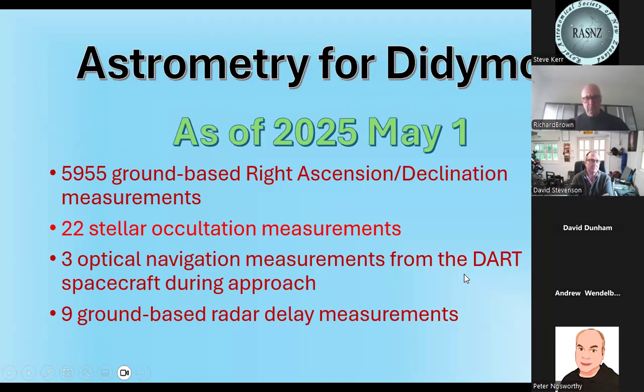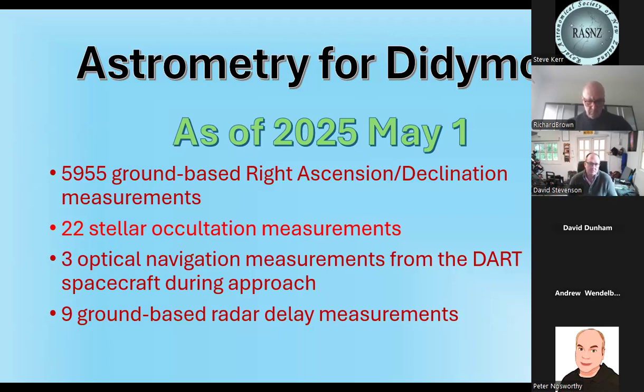So, what is the astrometry you had to analyse all this data? Well, almost 6,000 ground-based array index, the type of thing that Alan Gilmore happily does or used to do day in, day out. Well, nicely. Yes.